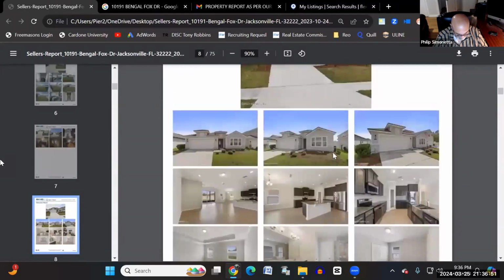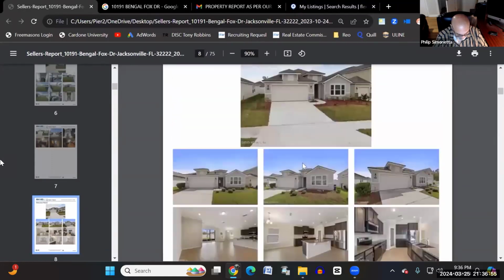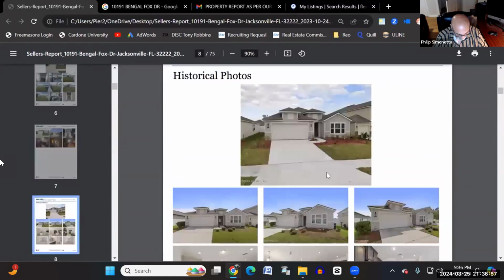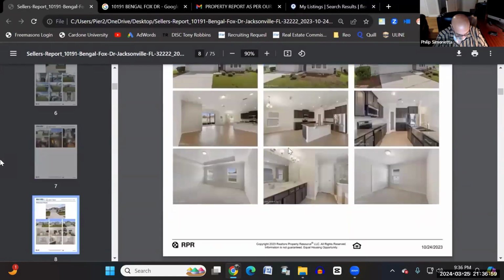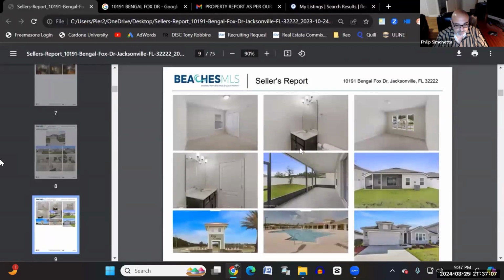Yeah. Now, are these older pictures from when you bought it when it was new? Those are pictures from after I moved out. Okay. Are these your pictures or other people's pictures? They were my realtor before last's pictures. Oh, he took them and paid for them, right? They're his?